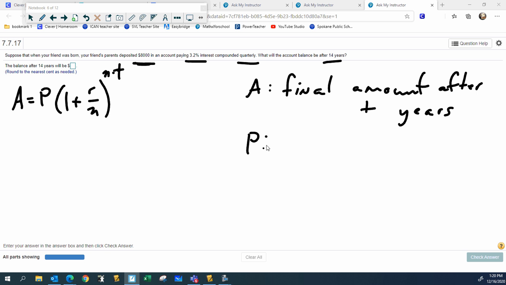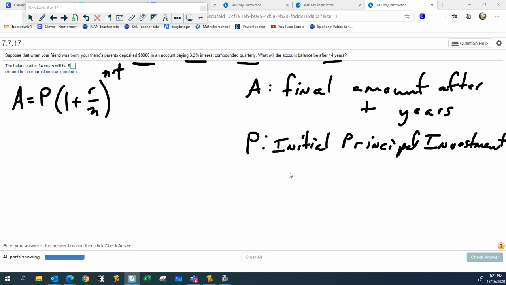P stands for the principal amount, initial principal, or the investment. R is the interest rate as a decimal, so we have to convert it.